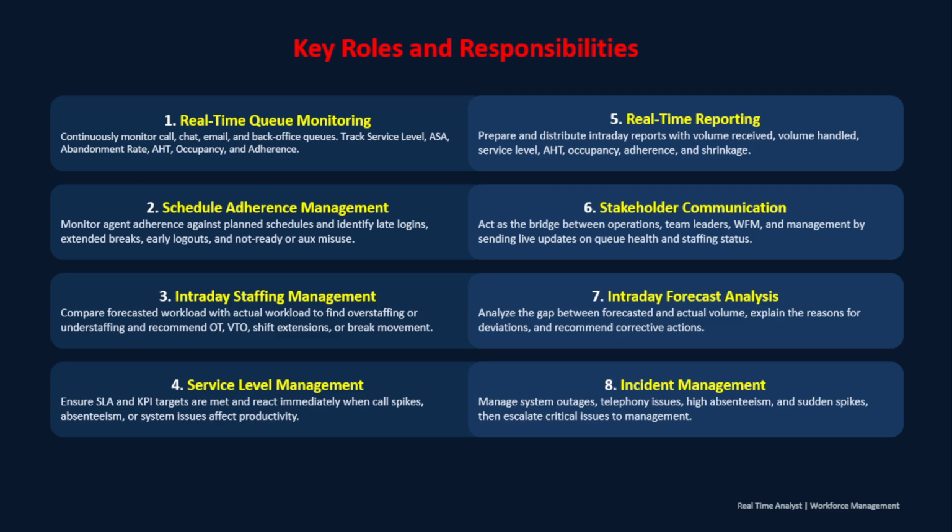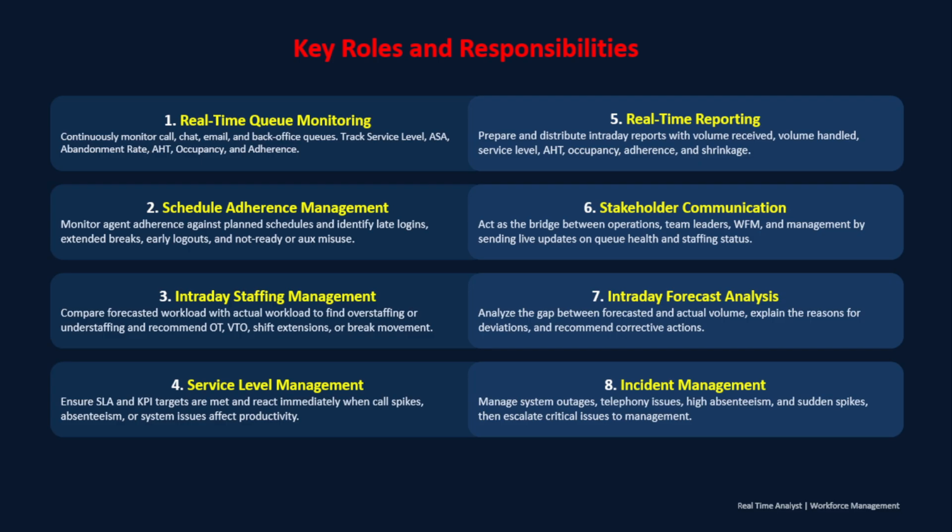Suppose an agent has a 9-hour shift. He has a 15-minute first break, a 30-minute second break, and another 15-minute third break. Okay, the first one is 15 minutes, the second is a 30-minute lunch break, and another is 15 minutes. So in total he has a 1 hour break.